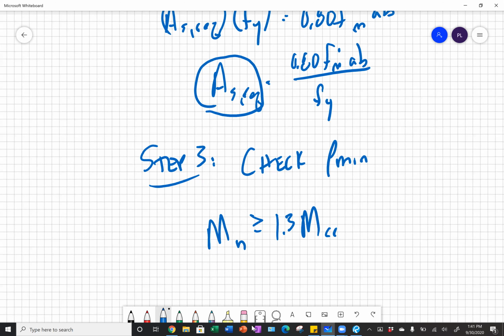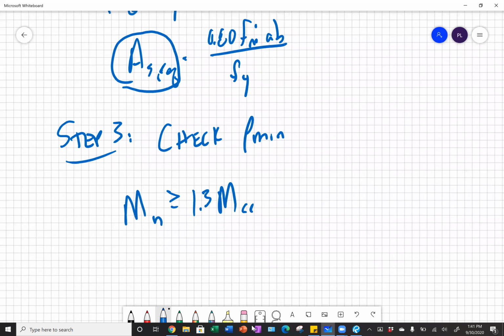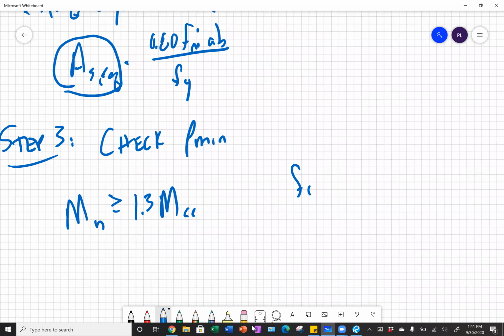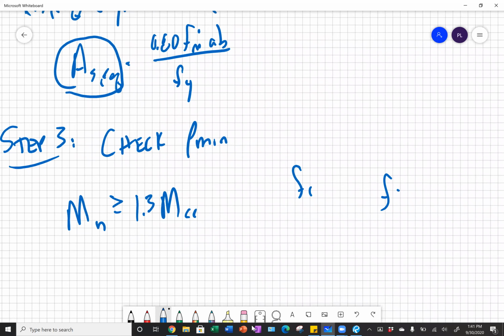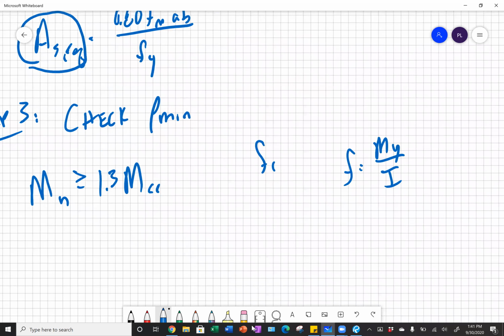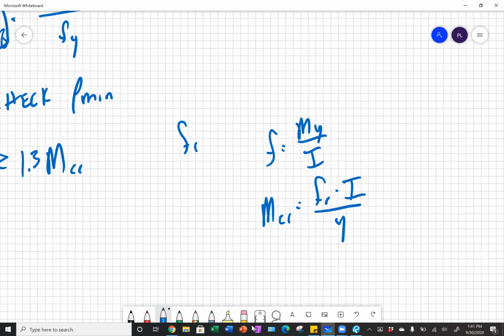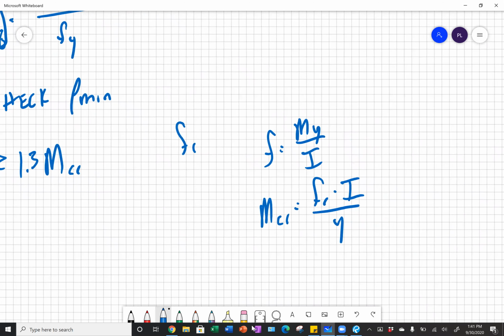And to solve for our cracking moment, we need to know our modulus of rupture and our section modulus, because f equals M times y divided by I. And so if we solve for our cracking moment, M cracked equals our modulus of rupture times I divided by y. And for a rectangular section, we can solve for that directly.